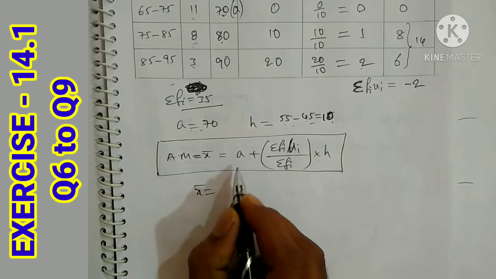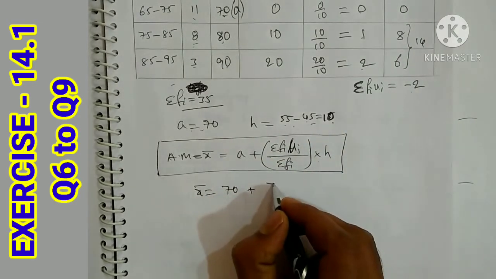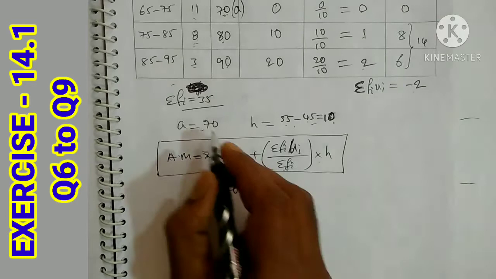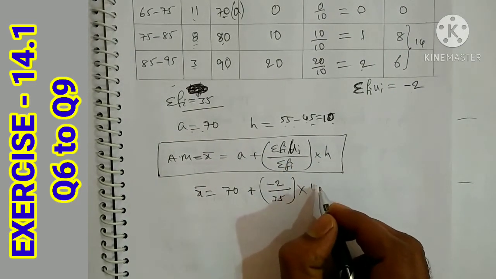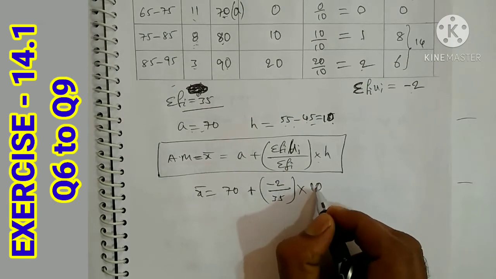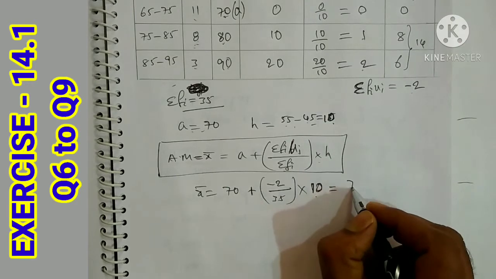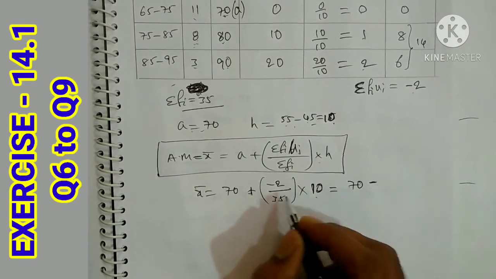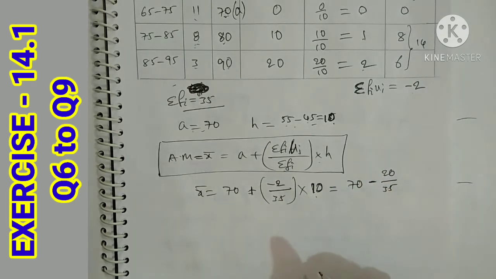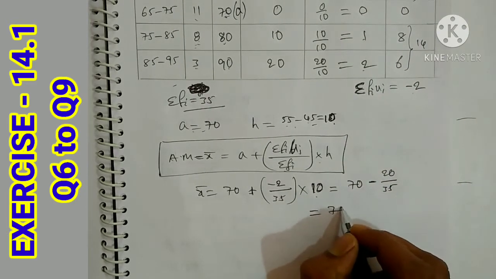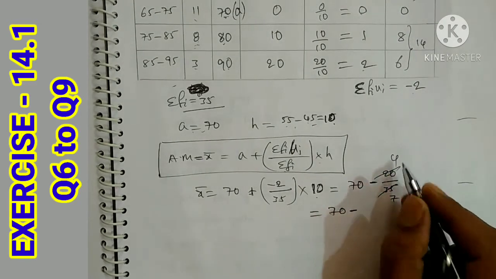X bar is equal to A value 70 plus sigma fi ui, which is minus 2, by sigma fi, which is 35, into h value, which is 10. So 70 plus minus 2 10s are 20 by 35.